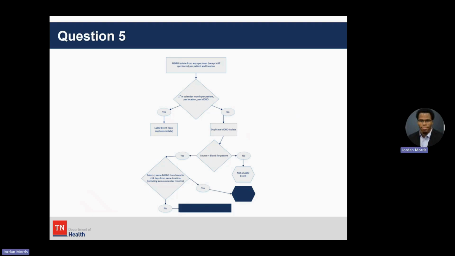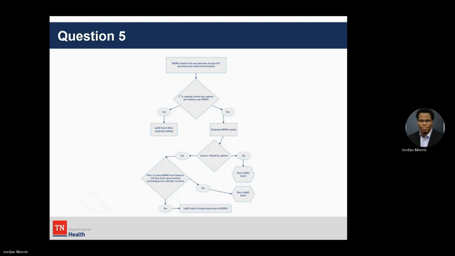If that is the case, it would not be a LabID event. And if you do not have a prior same MDRO from blood in 14 days or less from the same location, it would be a LabID event.